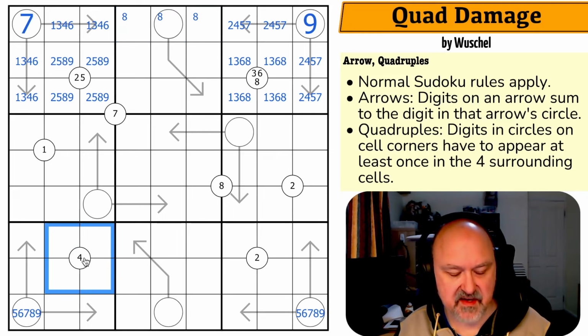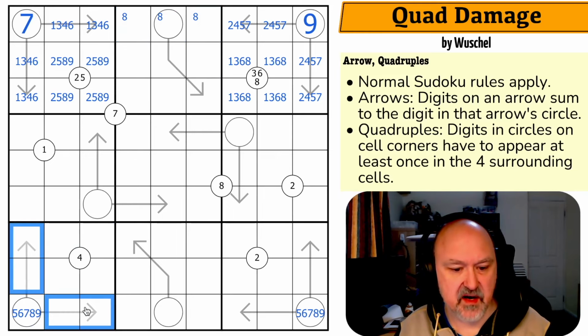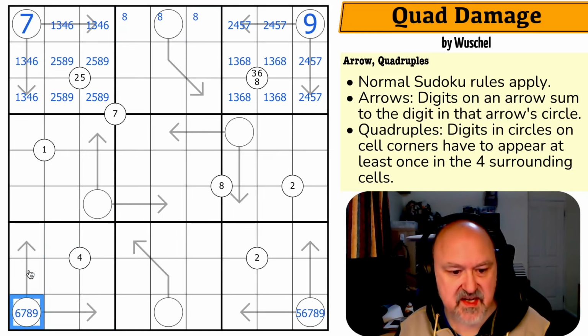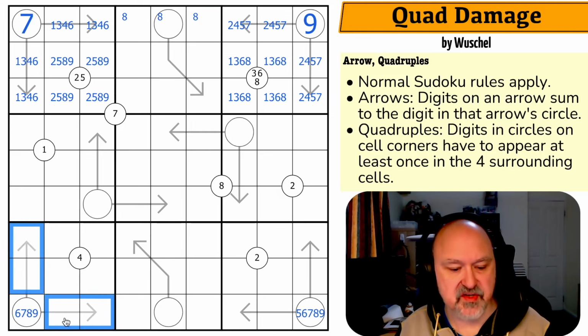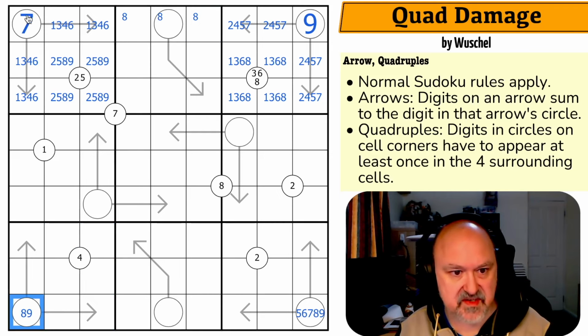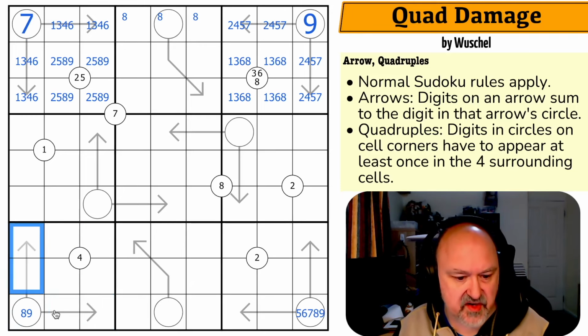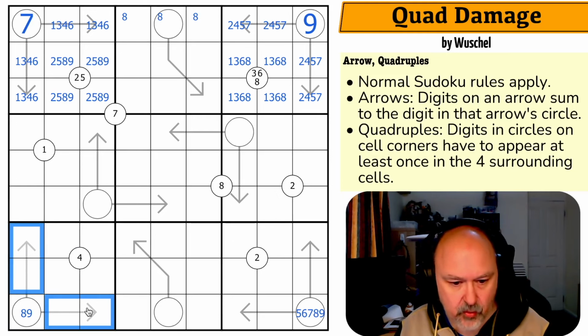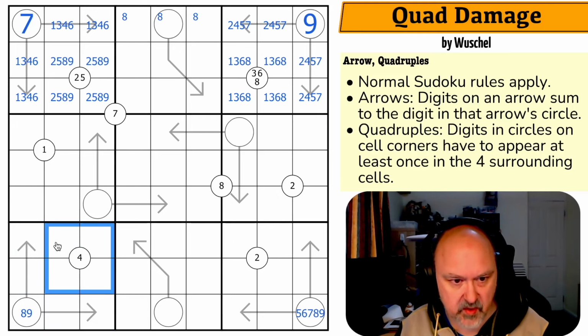Let's investigate down here. This can't be a 5 because I'd need to put a 4 on one of these arrows. 6 would need 1 5 and 2 4, and I don't have 4 available, so it's not 6. It's not 7 because 7 is seen from up here. If it's 8, yeah, 8 is possible because I could use 1 7, 2 6, or 3 5, and for 9, there are 4 ways of making 9, and I'm only removing 1 digit.